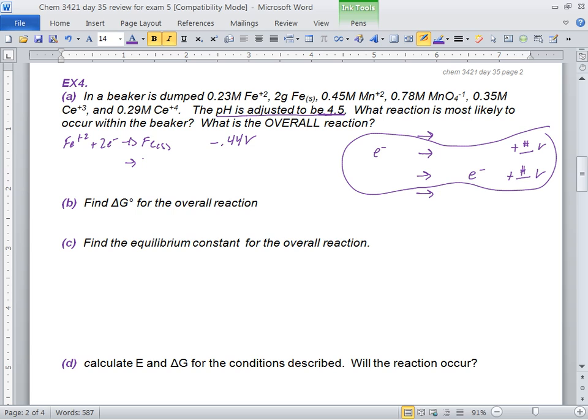I'll write the other half reactions. But I wrote this one down because odds are I'm not going to pick it written this way, but I could very well pick it reversed if I don't find anything more positive than 0.44 volts. That's a reversed reaction. Okay?